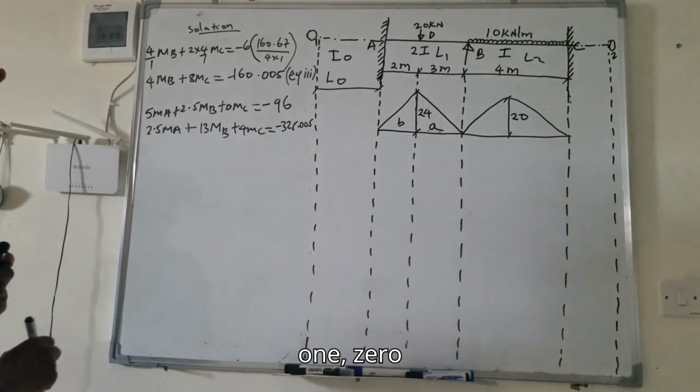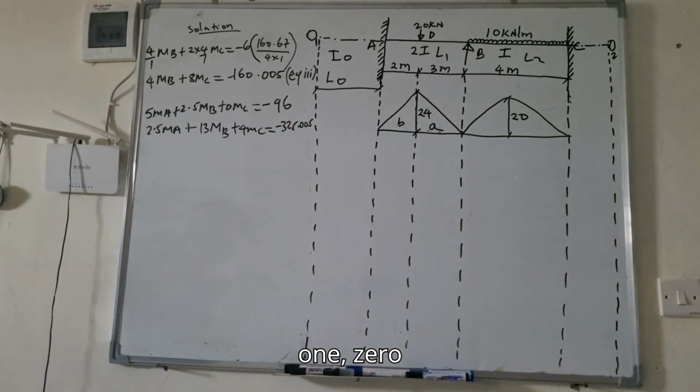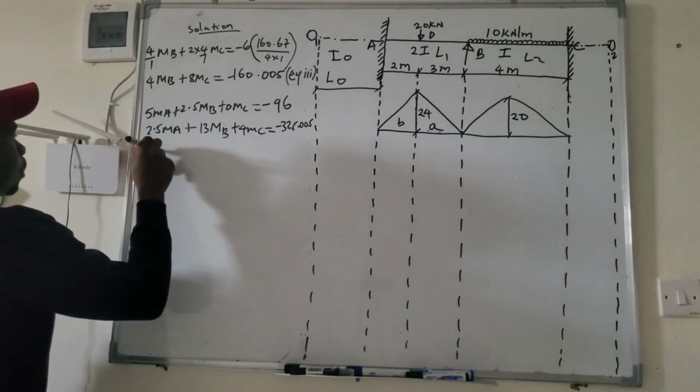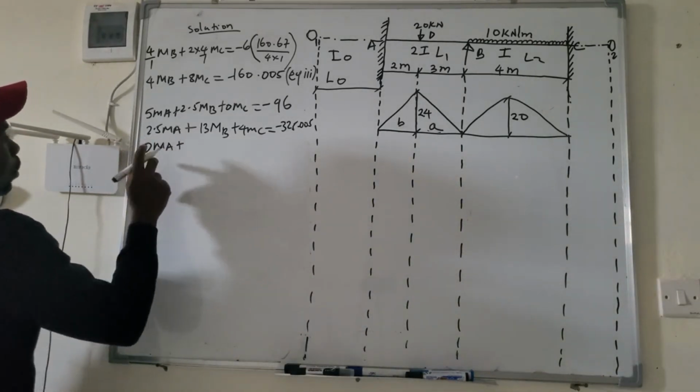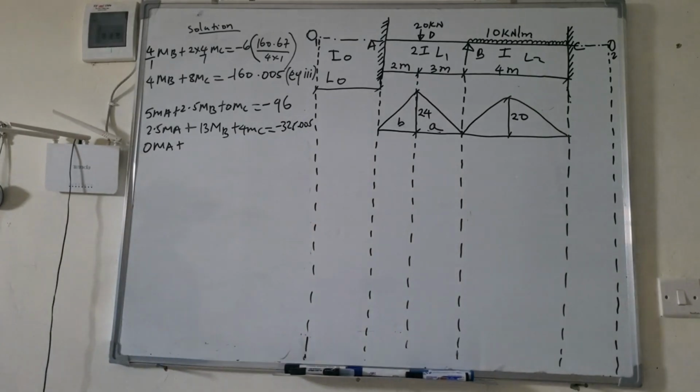Then we have the last one, 0 MA. Why 0? Because there was no value for MA. 0 MA plus 4 MB.